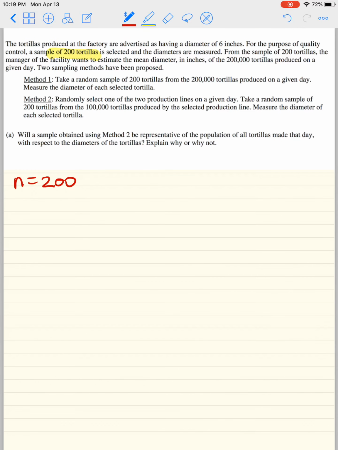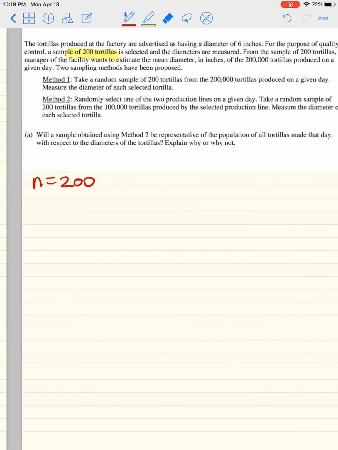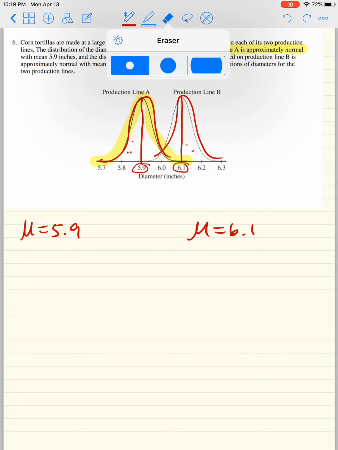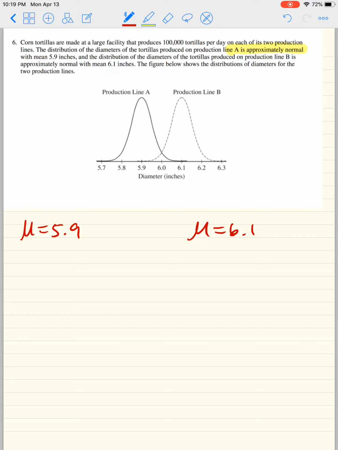In method 2, it says randomly select one of the 2 production lines. So in that case, guys, let me get a bigger eraser. What would happen here is if you chose production line A, then the 200 would have an average of 5.9.